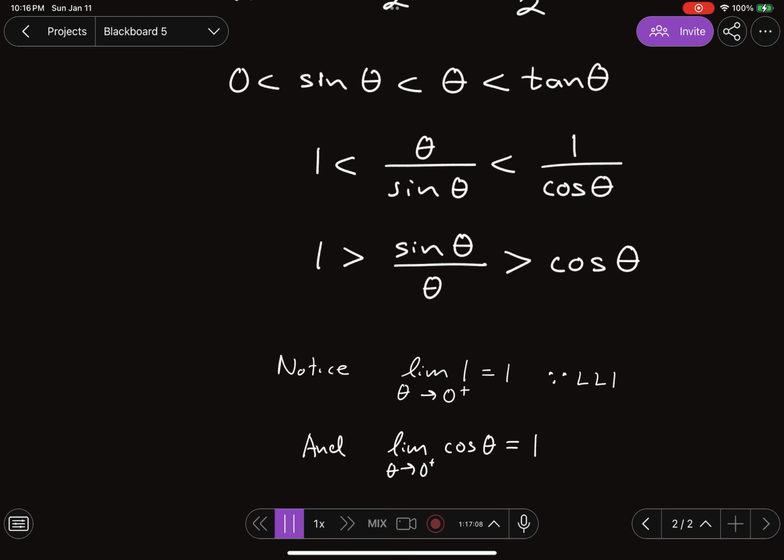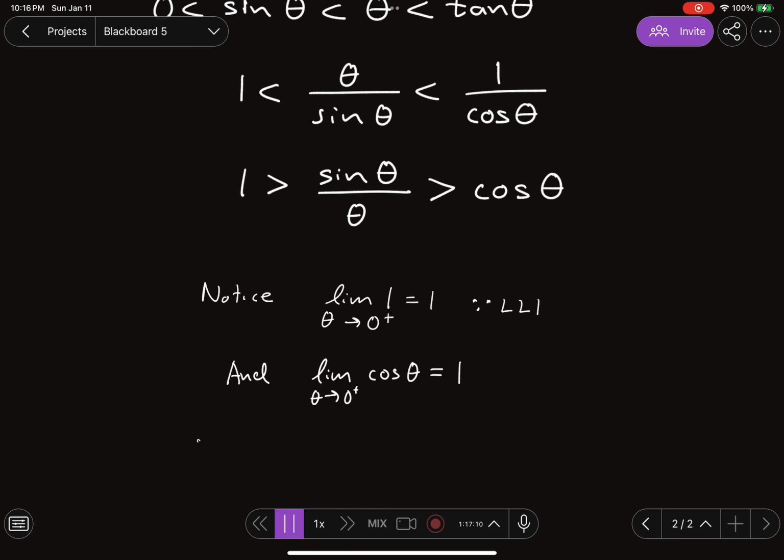What I'm going to say is, therefore, by the squeeze theorem, I can spell, the limit as theta approaches 0 from the right of sine of theta over theta is equal to 1.